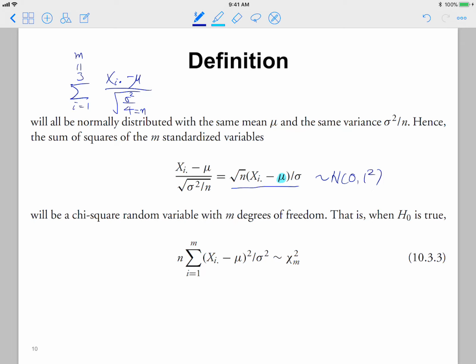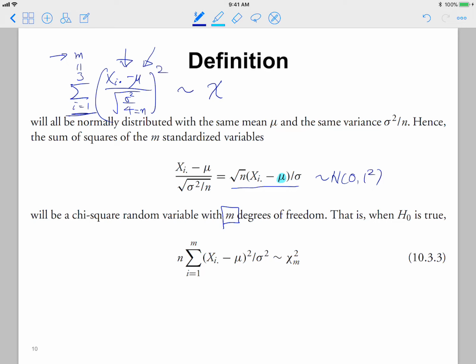Again, this guy is a standard Gaussian random variable. And then we just take the square of it and sum them up. And then it will follow the chi-square distribution, right? Because each of them is a standard random variable, and we take the square of it and sum them up. And then what is the degree of freedom? Degree of freedom will be m, or 3 in this case, right? So we have m degrees of freedom for our chi-square distribution, okay?